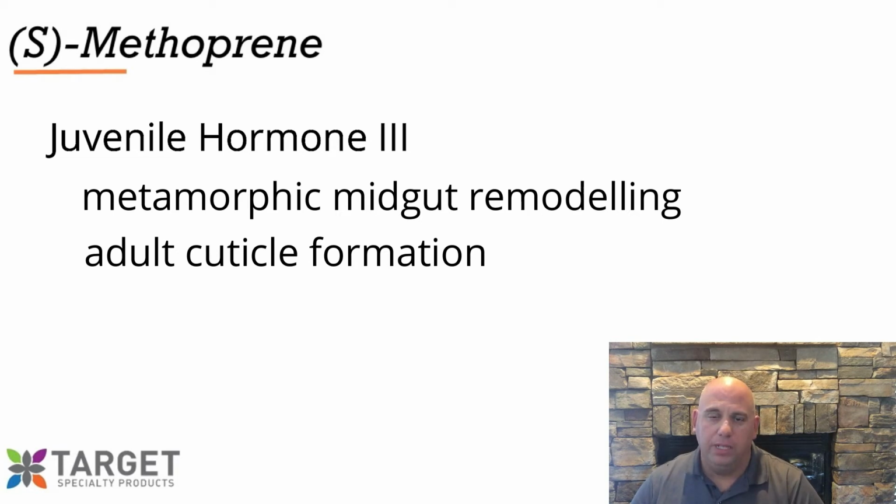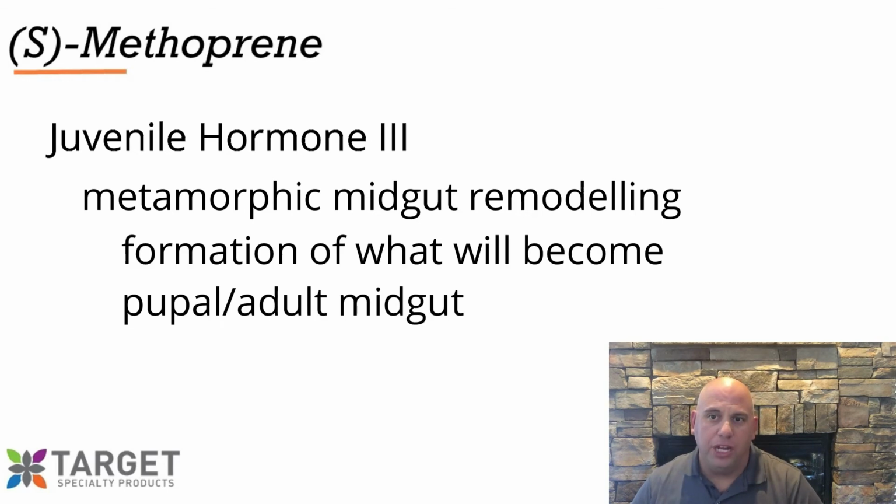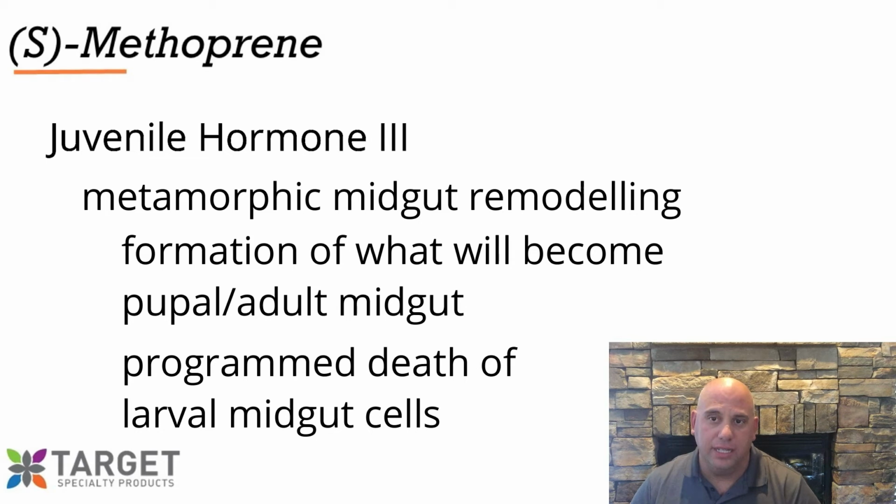This metamorphic midgut remodeling includes two steps. First, the formation of what will become pupal and adult midguts. These structures of cells in the larvae are different from those in the adult form and must be remodeled. The second step is a programmed death of larval midgut cells.